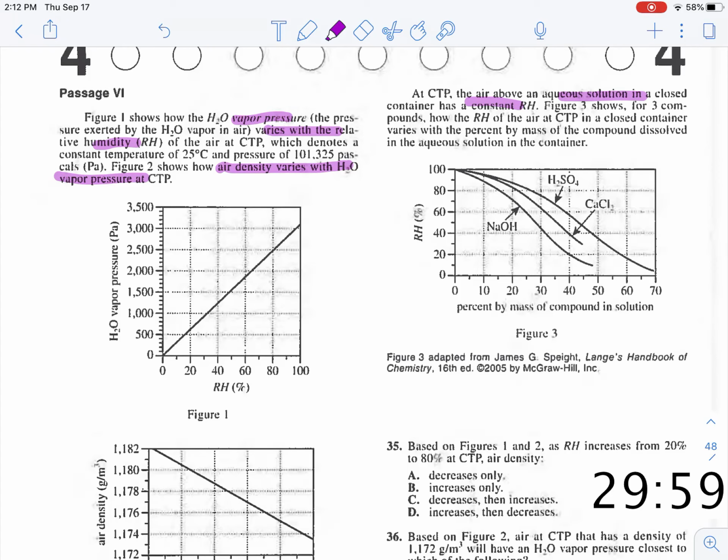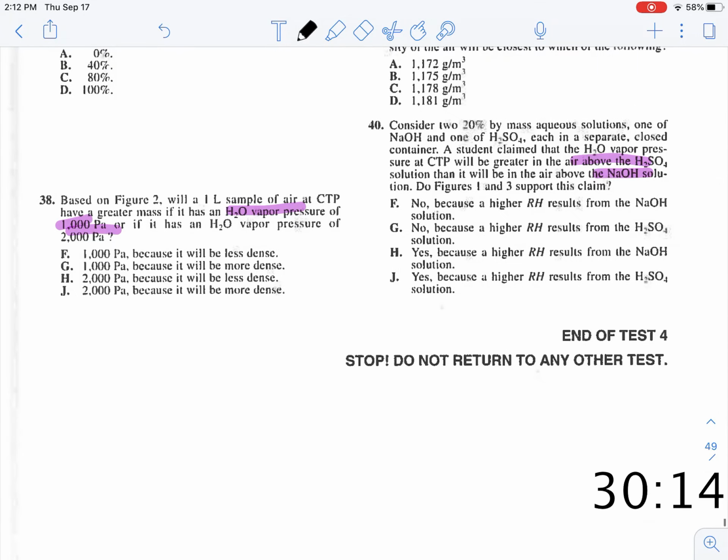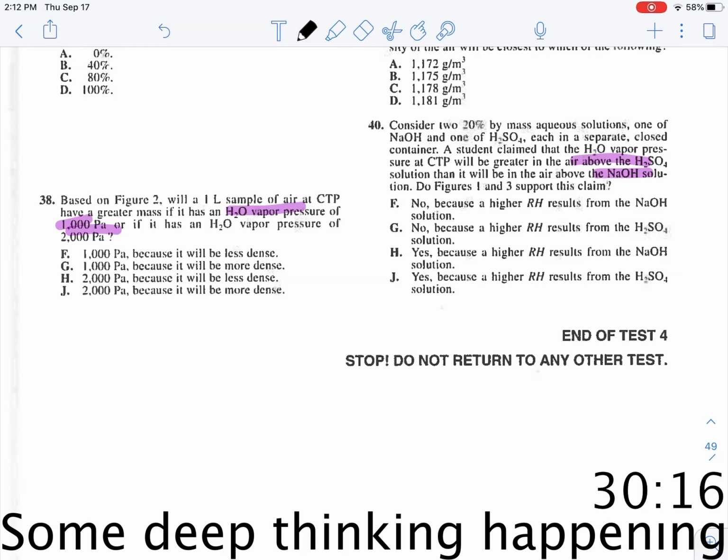For three compounds, how the relative humidity varies with the percent by mass. So it said 10%. I mean, they're all the same. So H2O has a higher relative humidity than sodium hydroxide, or H2SO4. Okay, so it's not those two.